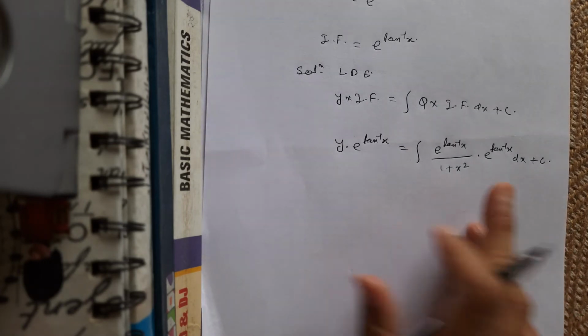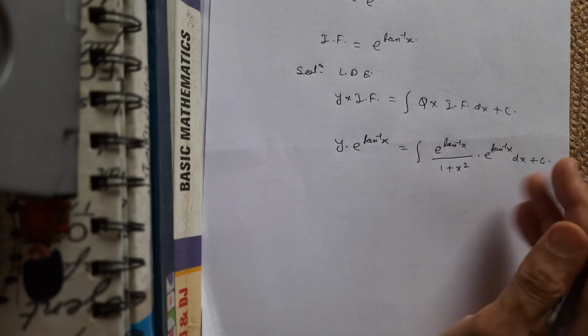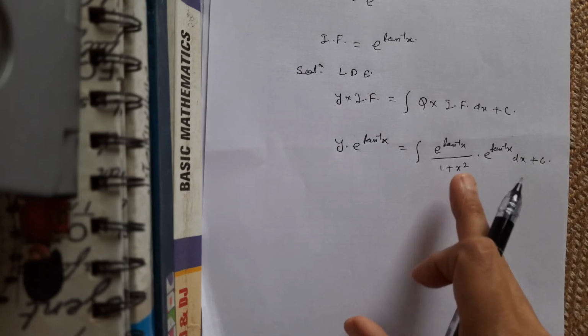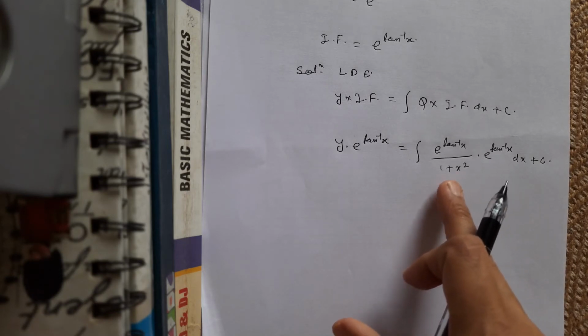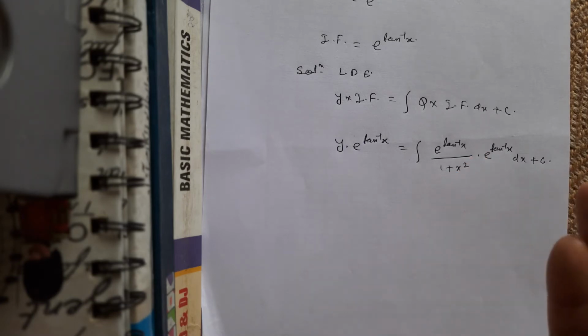Now it is homework: try to solve this integration. It is a very simple integration, just don't get confused by it. The hint I am giving you is that it can be solved by the method of substitution. So try solving this integration and let me know in the comment section, or otherwise I will show you how to solve it.